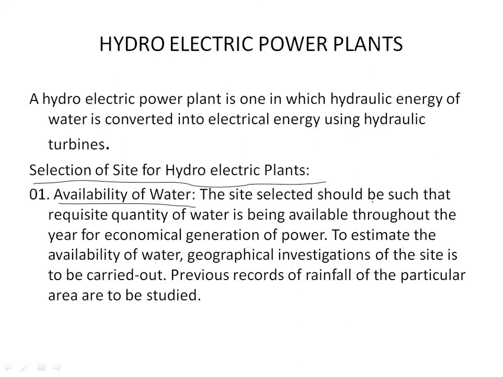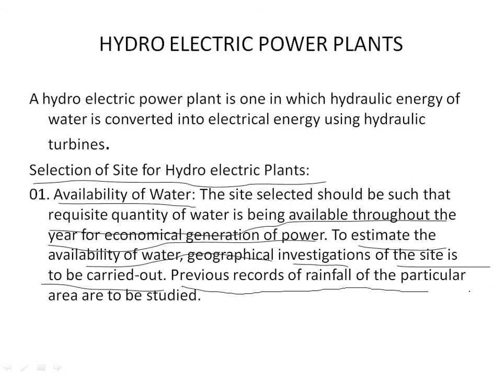The site selected should be such that requisite quantity of water is available throughout the year for economical generation of power. To estimate the availability of water, geographical investigation of the site is to be carried out. Previous records of rainfall of the particular area are to be studied.